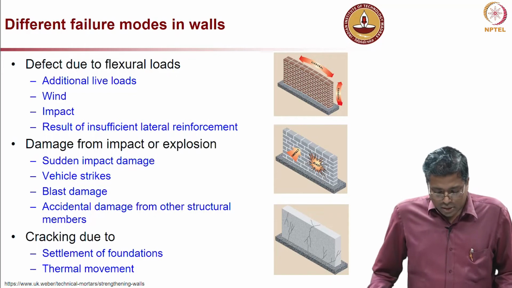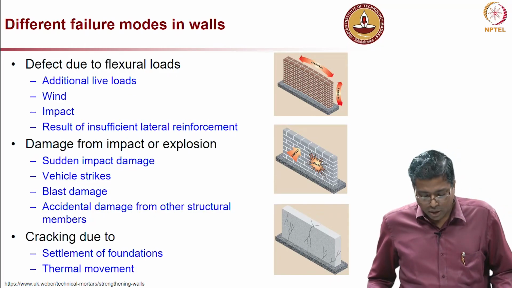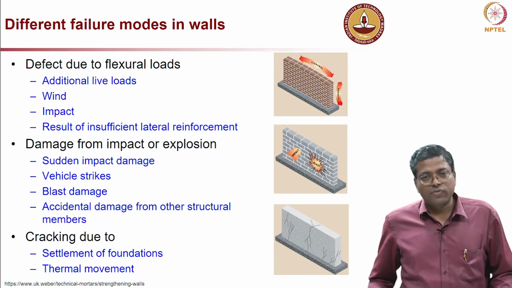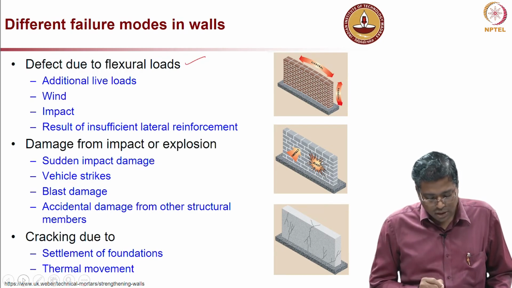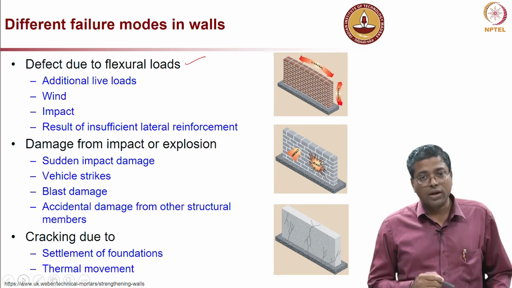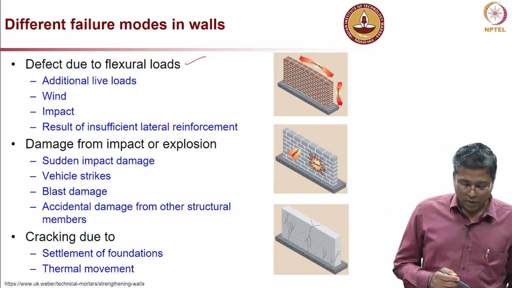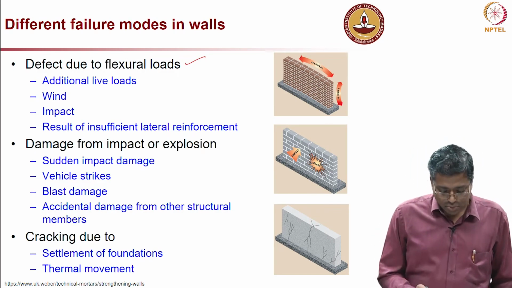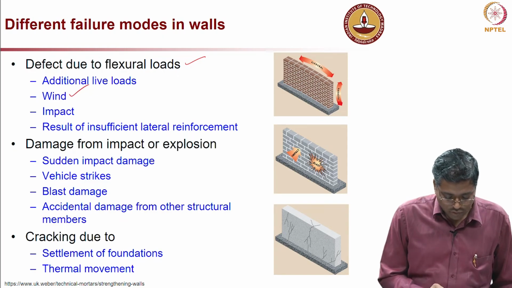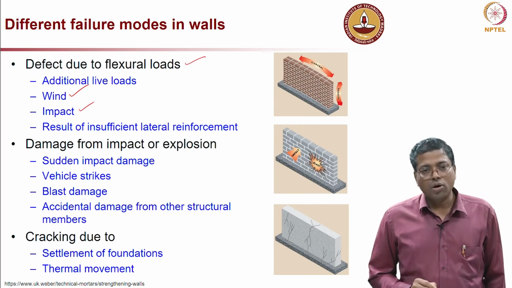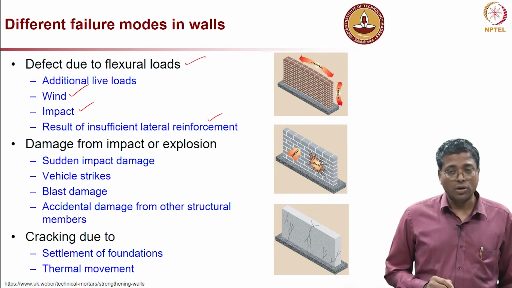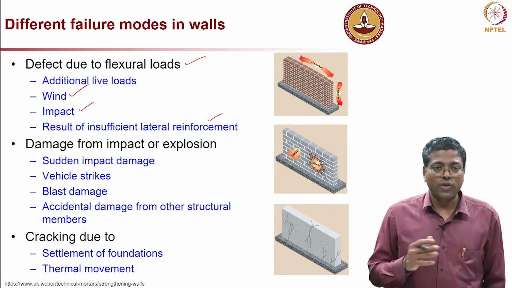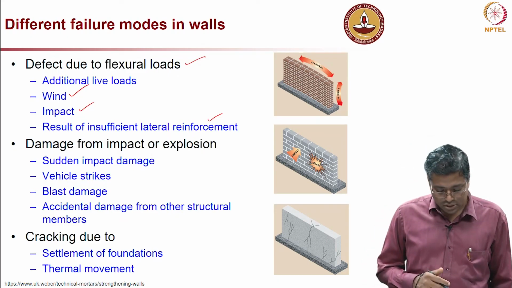Now, let us look a little bit at the walls, how to repair or strengthen the walls. We will look at the different failure modes first. Mainly due to flexure: additional live load, wind or impact, or insufficient lateral reinforcement can all lead to a flexural failure of the wall system.